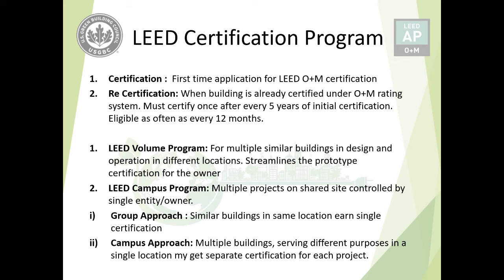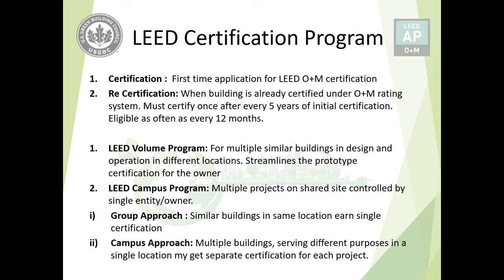Now, the second is the LEED volume and campus program. We know that in certain cases, when you have multiple similar buildings, like any restaurant, if they have similar buildings and similar design which they want to implement in different locations, they can streamline the prototype, and it will be the certification of that design, and they can implement it anywhere.